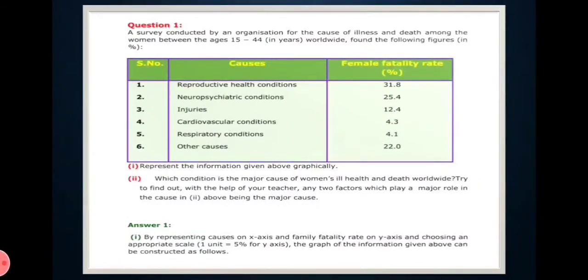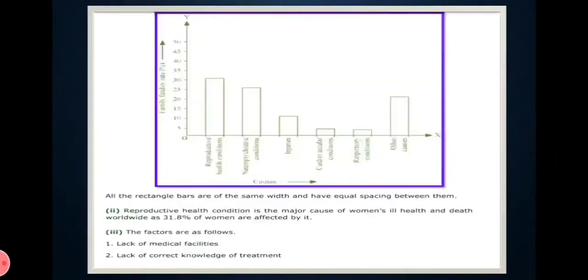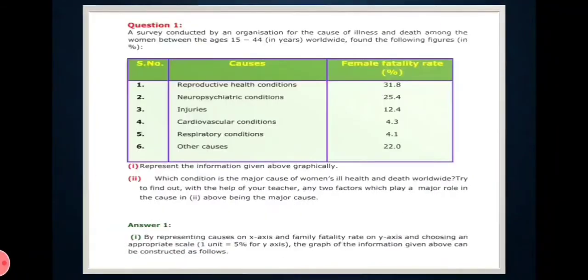For answer number 1, by representing causes on the x-axis and female fatality rate on the y-axis, that is the frequency, and choosing an appropriate scale, that is 1 unit equal to 5% on the y-axis, the graph of the information given above can be constructed as follows.